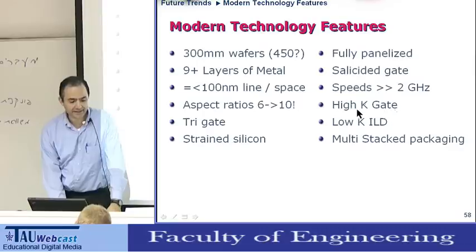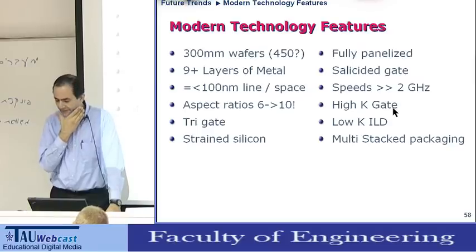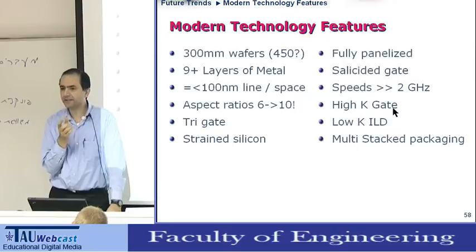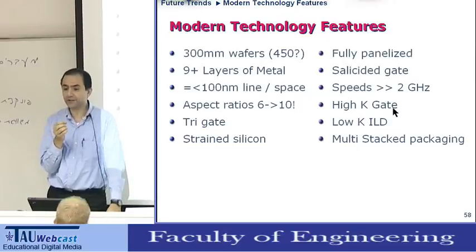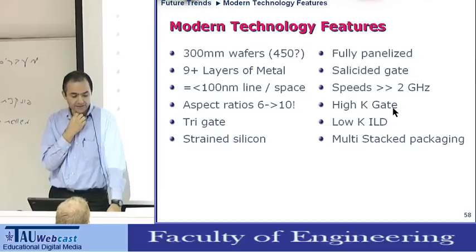High K gates. So high K gates is what I mentioned as metal gates, where the gate oxide is not made anymore of oxide, but actually of some kind of metal gate, which is not conductive.